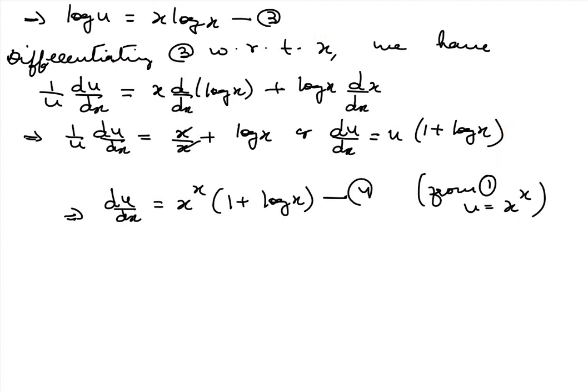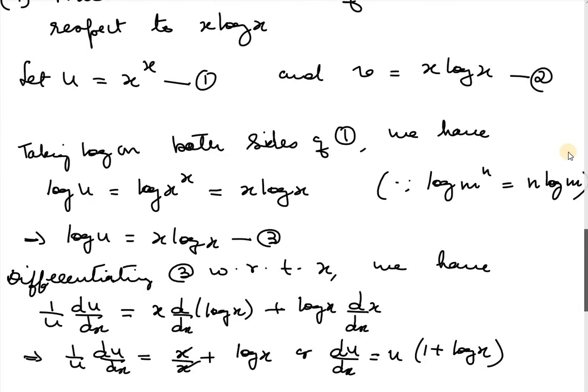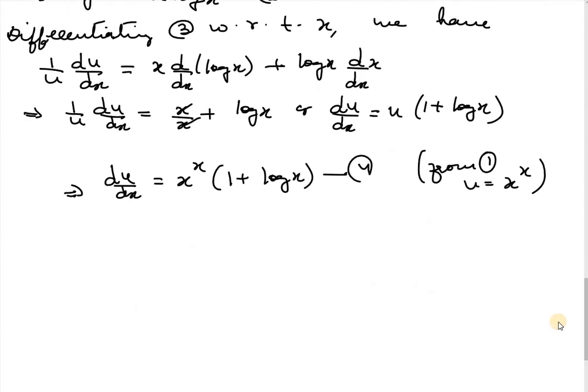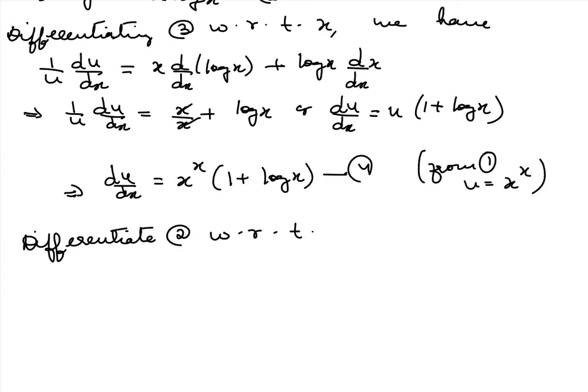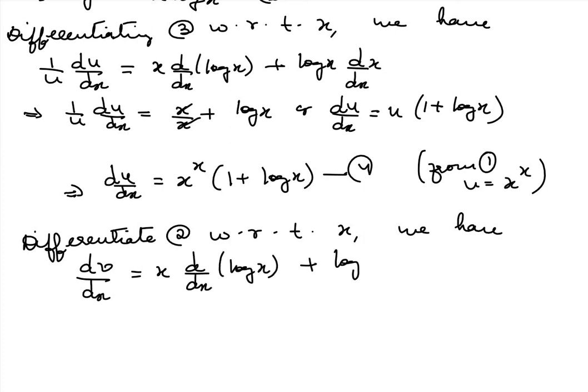Now next, differentiate equation 2 with respect to x. What is equation 2? Equation 2 is v is equal to x log x. So on differentiating 2 with respect to x, we have dv dx is equal to, again use the product rule, x into d dx of log x plus log x into d dx of x.